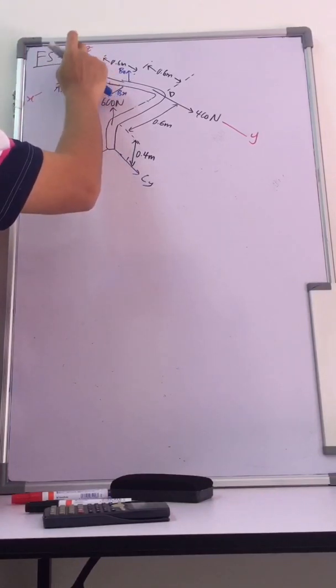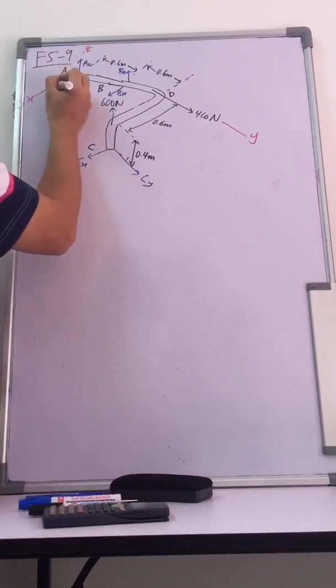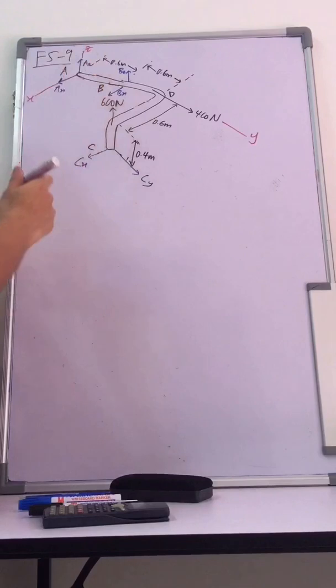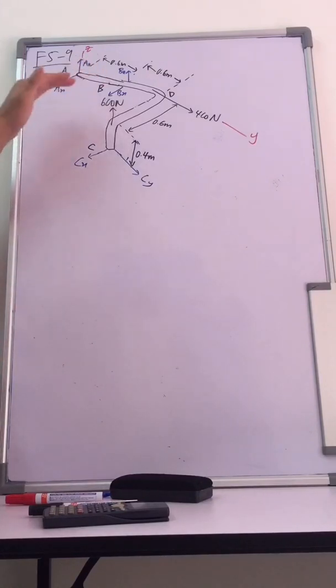In this problem you don't need moments. Why don't you need moments? Because for any type of bearings, if you have more than one bearing, if you have more supports, actually you don't need to find the moments. Okay. So you can remove the moment reactions.